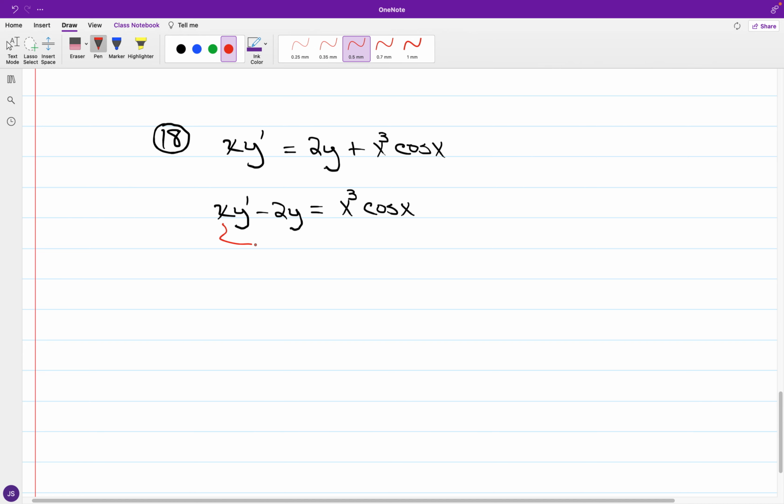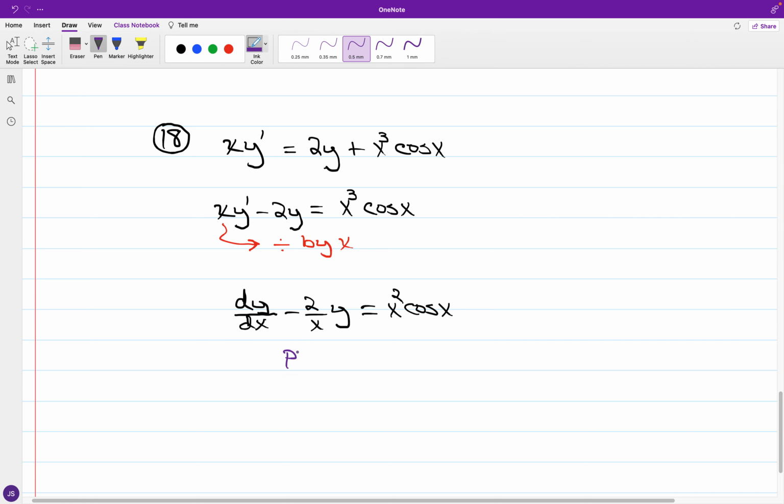And to get the derivative term in terms of just dy over dx or just plain y prime, again I can just divide the equation by x, and so in the rewrite, we can say again y prime or dy over dx, and we have minus 2 over x times y, and we have is equal to x squared times the cosine of x.